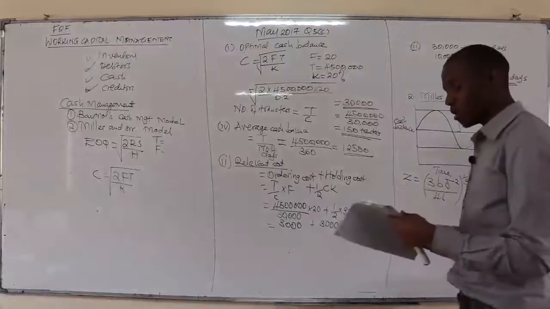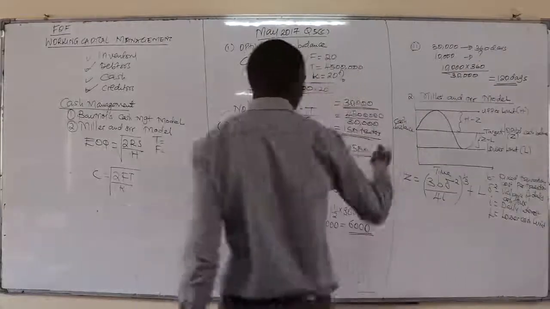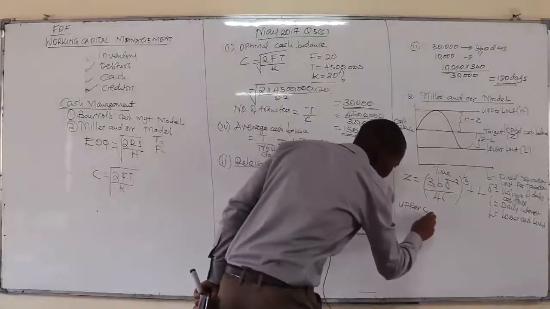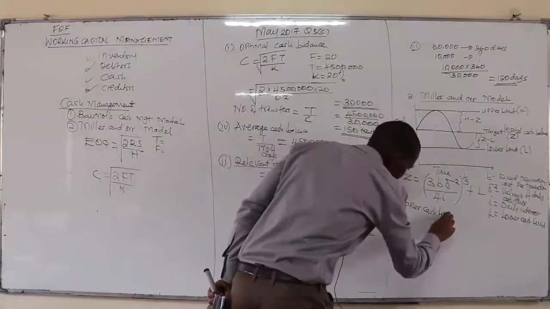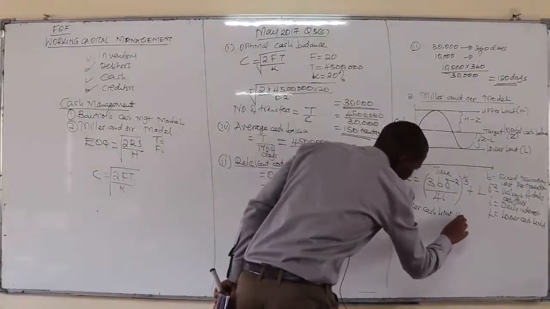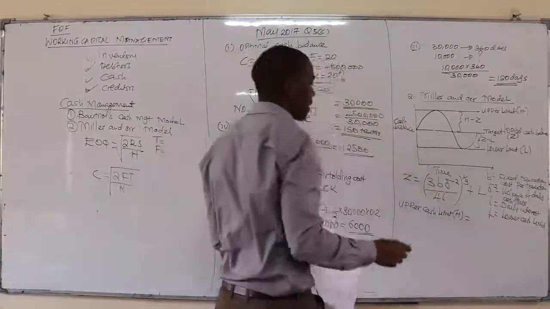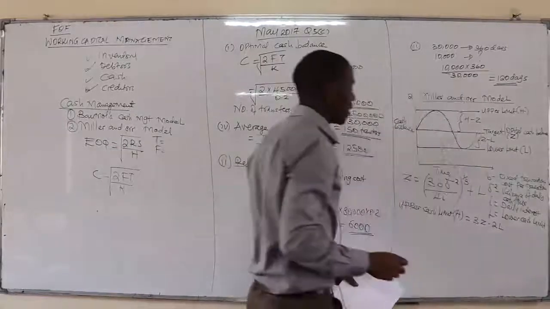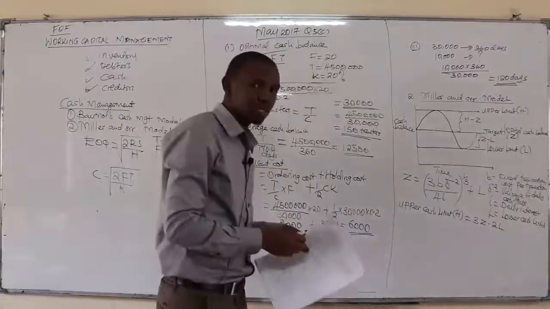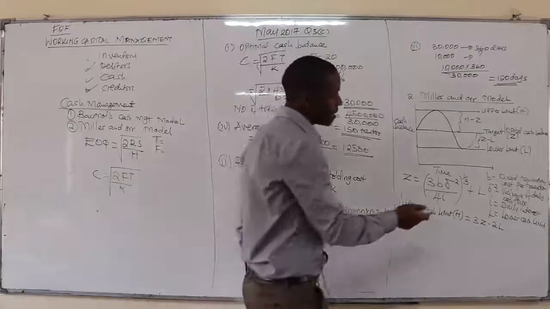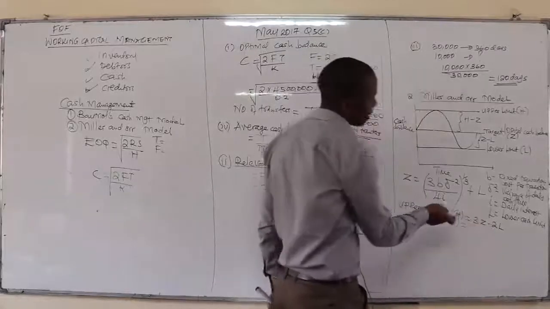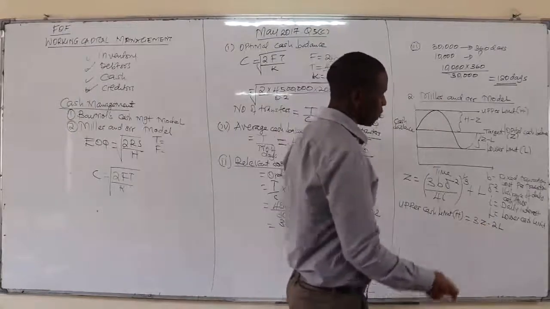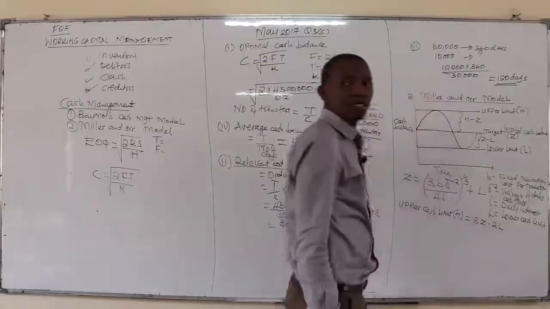So he also said that for you to get this upper cash limit, which is H, you can get the upper cash limit by taking 3Z minus 2L. When you talk of Z, in this case, it is the optimal cash balance. Then when you also talk about L, it is the lower what?